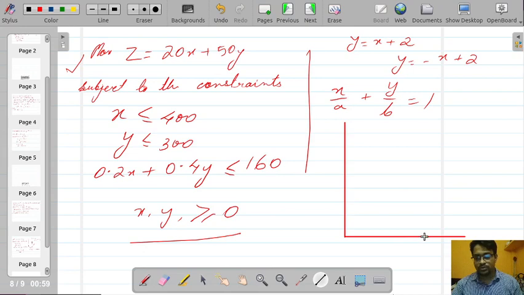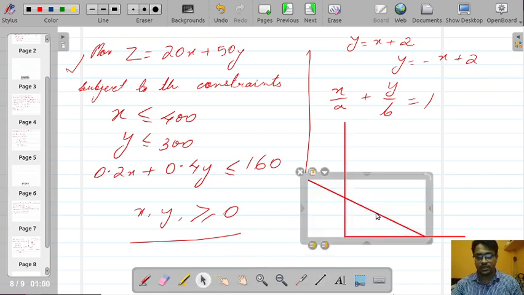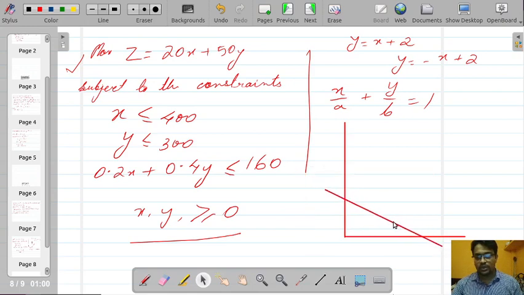So suppose the x intercept is somewhere here and the y intercept is somewhere there. Once you know the x intercept and y intercept, it's very easy to plot the graph. Suppose this length is a, the x intercept, and this length is b, the y intercept. So this is the graph of the straight line.